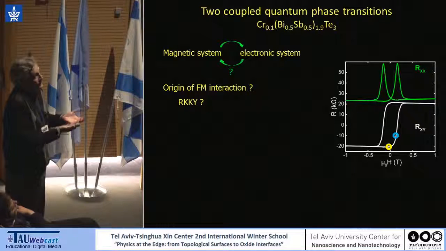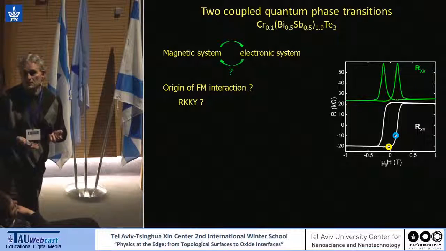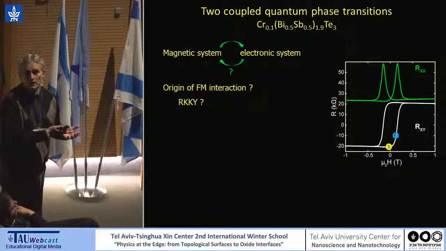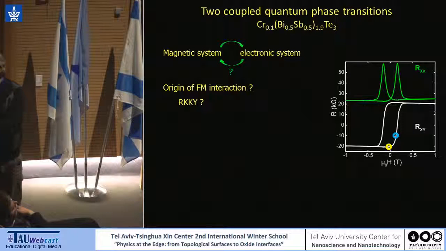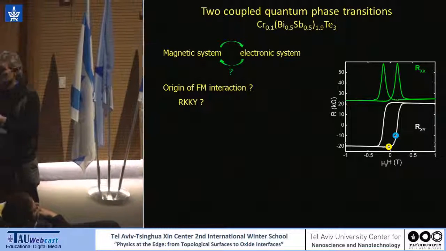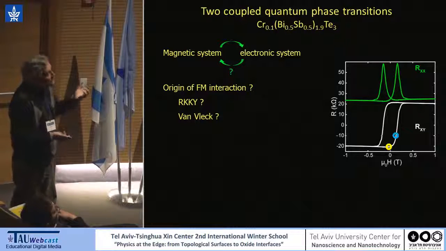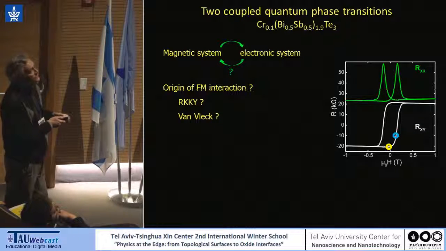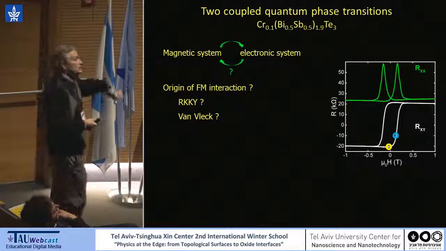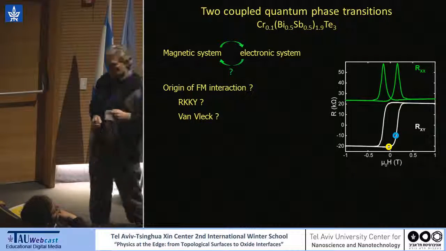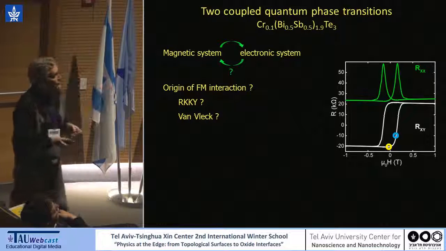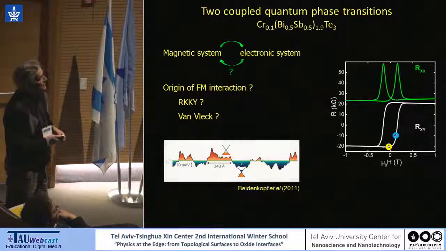But by definition, we don't have any itinerant electrons if we are really in the quantum anomalous Hall state. The bulk is gapped, and the surface is gapped. So there is no reason for ferromagnetism in the first place. So the theoretical suggestion is this Van Vleck mechanism, which mixes deep levels in the conduction band with the valence band. But it's still an open question what the source is.